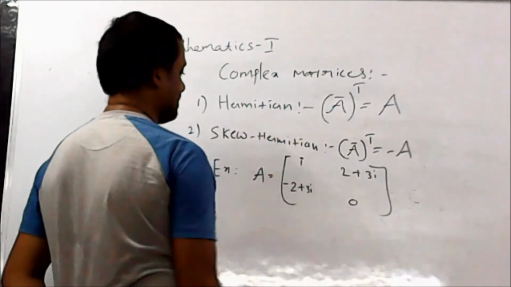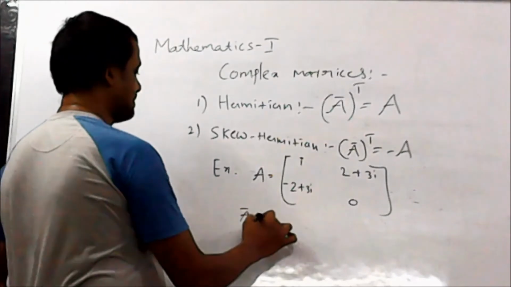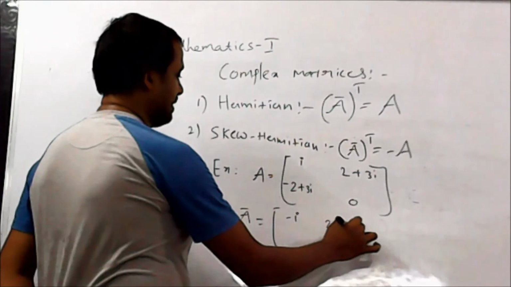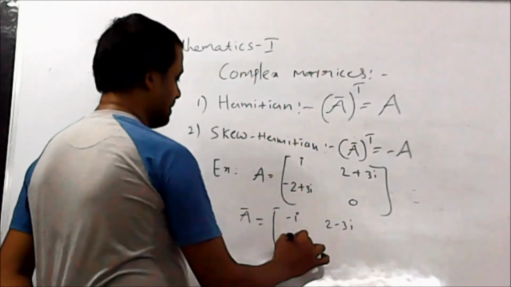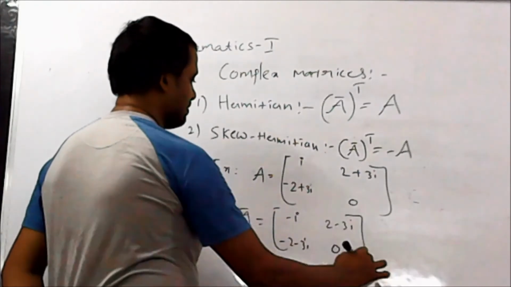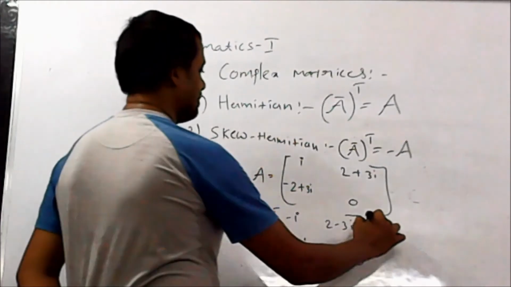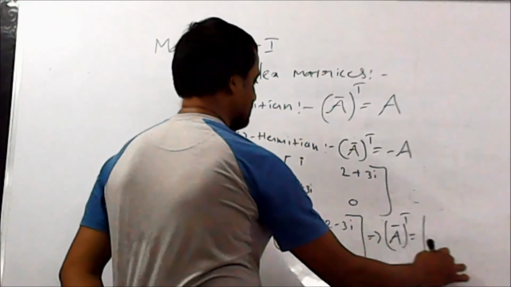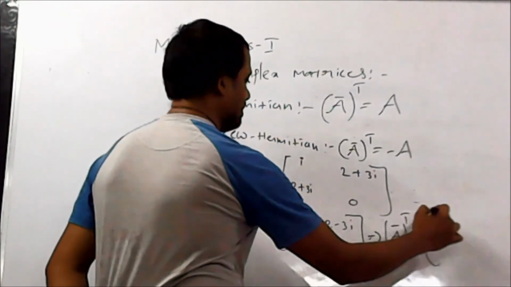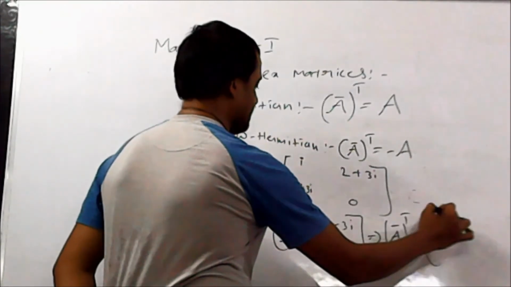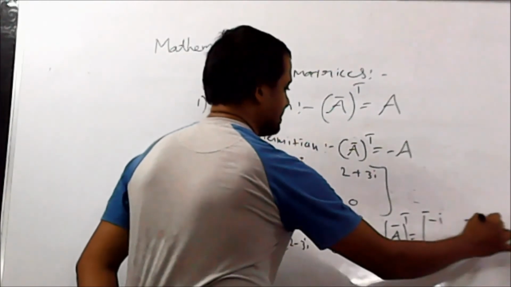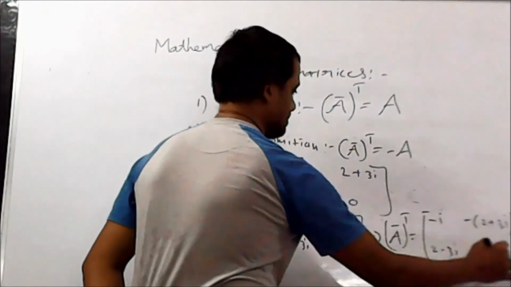Let us verify this one. Conjugate means in place of i we write minus i, so 2 minus 3i will become minus 2 minus 3i, and 0. Now conjugate transpose means we transpose it: minus 2 minus 3i, 2 plus 3i, 0.